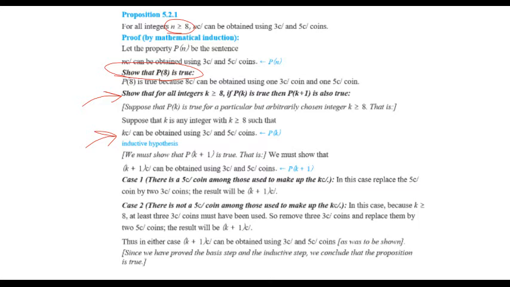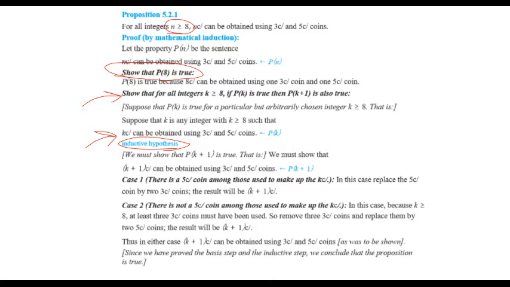So this is called the inductive hypothesis of our problem. Now we are going to use this hypothesis to prove that P of k plus 1 is true. What is P of k plus 1?